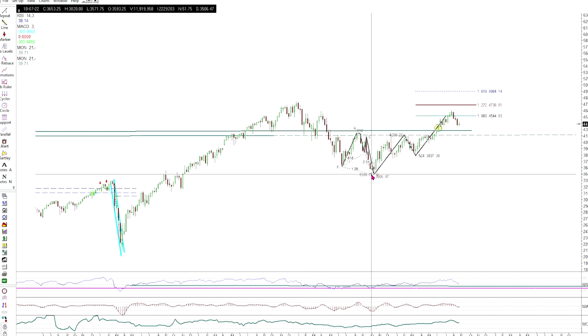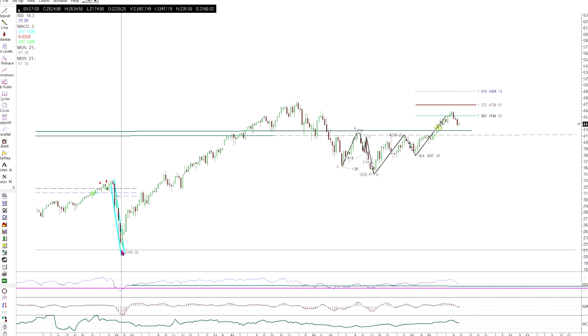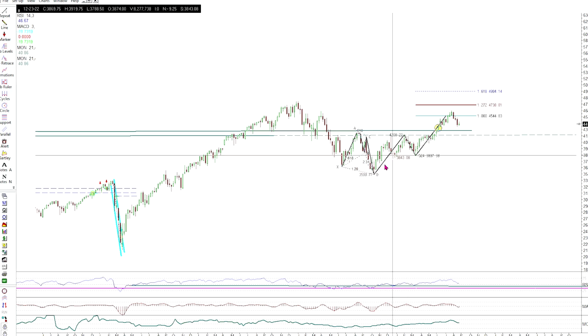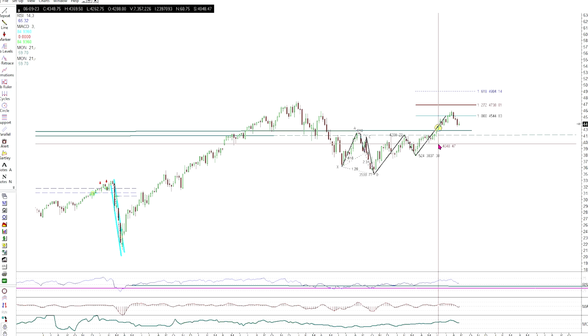Here's the decline the market had, finding support at the 50% retracement from the March 2020 lows up to these highs. Since it made these lows, this is called a butterfly buy pattern, and that's where the market turned up from. And it's been in an upward mode since then, with some periods of sideways ranging.